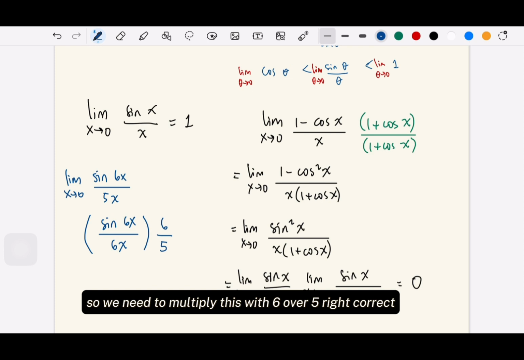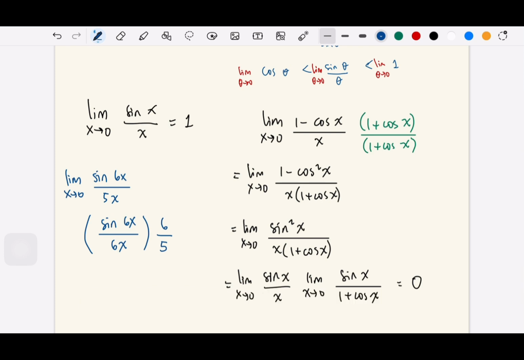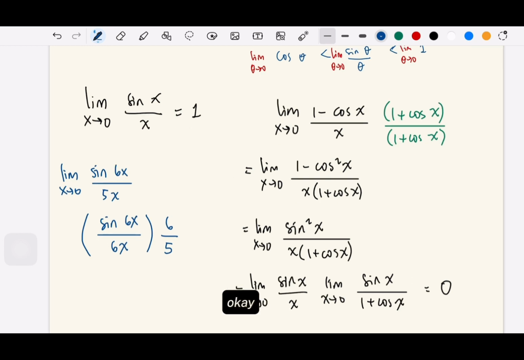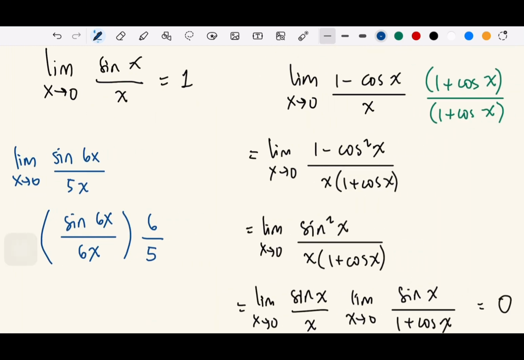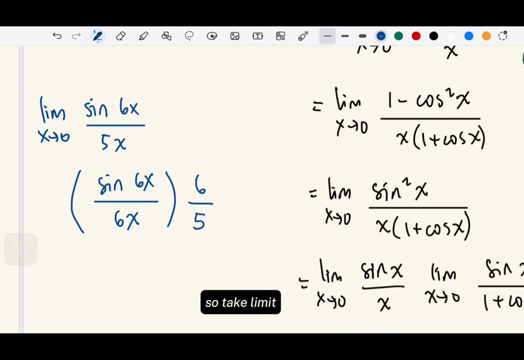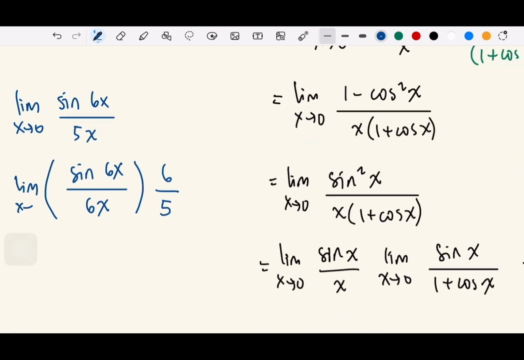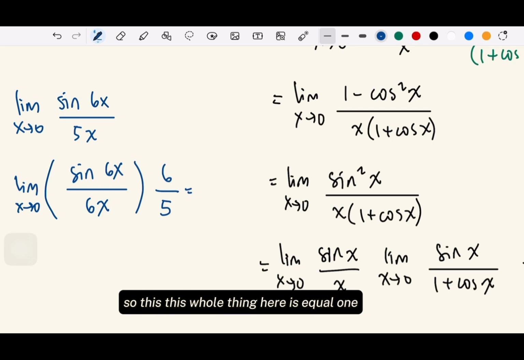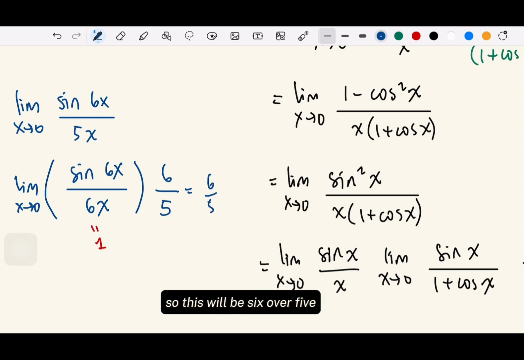Correct? Okay. This one, if you take the limit, is equal to 1. So the answer will be 6 over 5. You get it? So this whole thing here is equal to 1, so this will be 6 over 5.